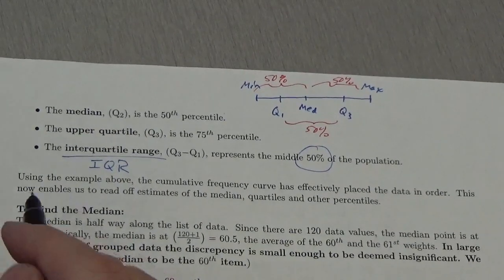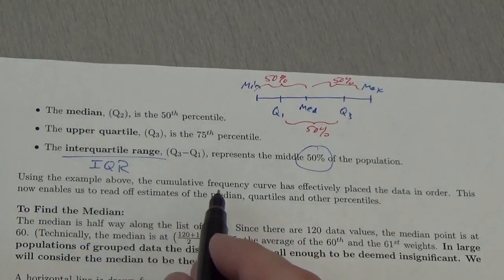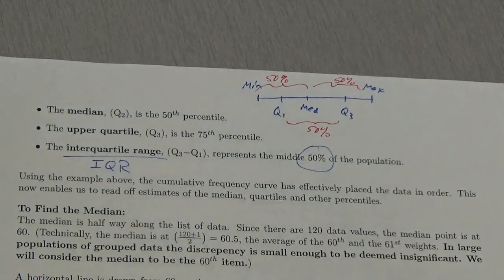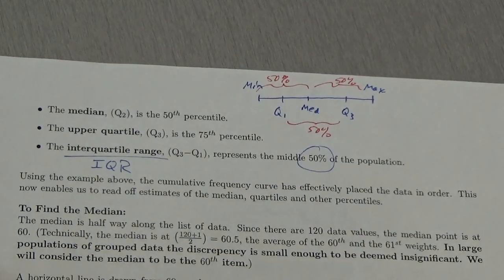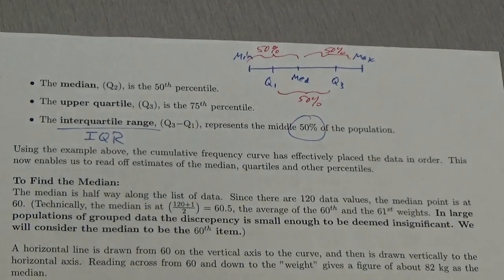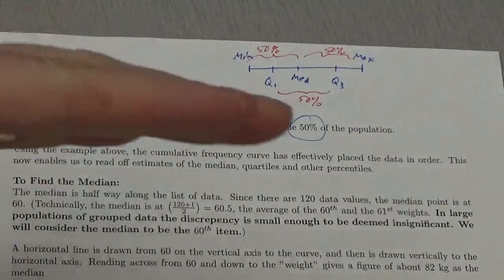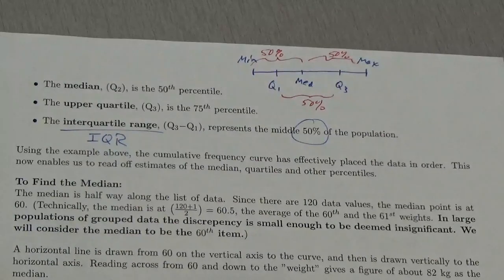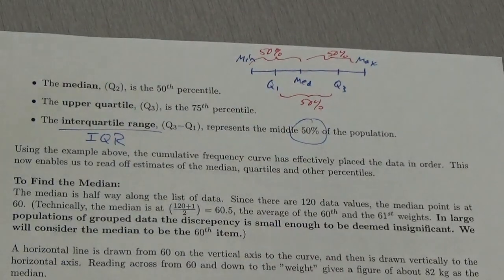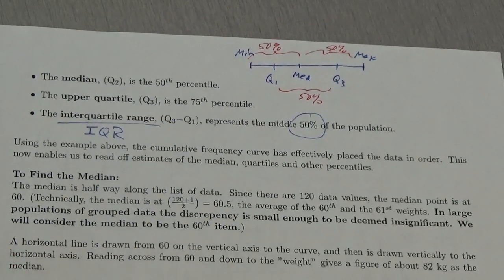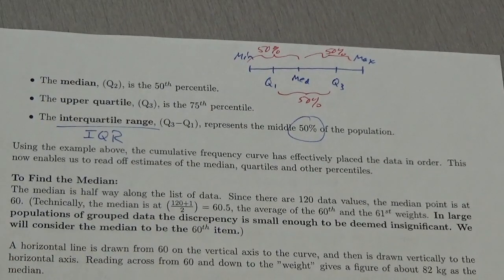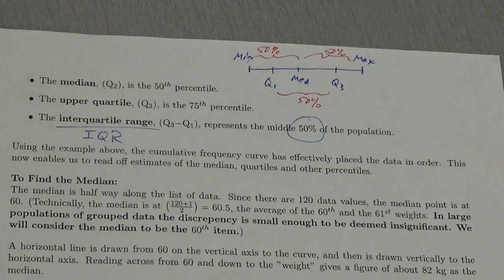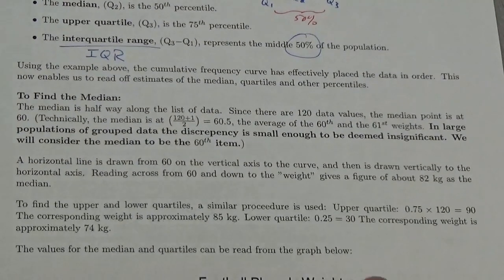Okay? Now, using the example above, the cumulative frequency curve has effectively placed the data in order. Because it's this cumulative frequency and we identify as we go down through all of our class intervals with an increasing value, it's already placed in order. So we should be able to read off the median and the quartiles and any other percentile you want. So let's take a quick look at this one.